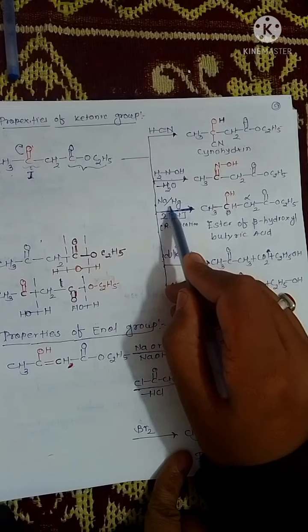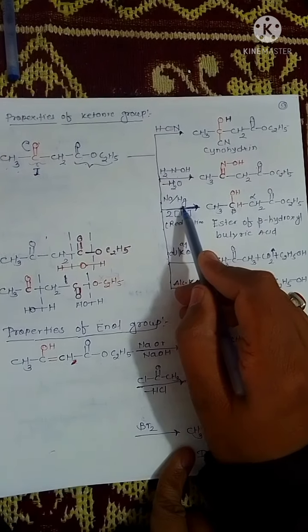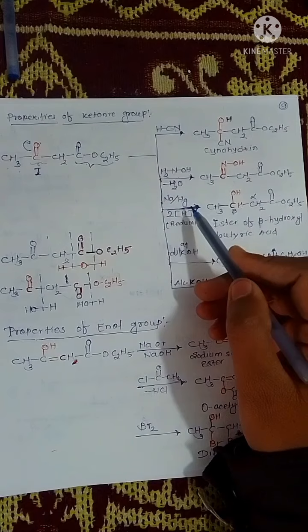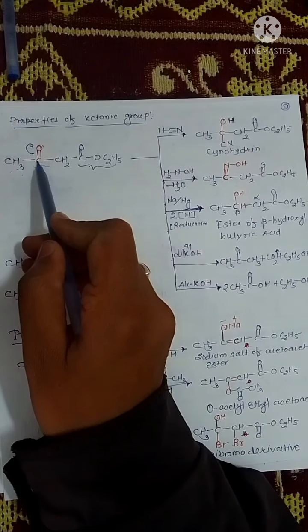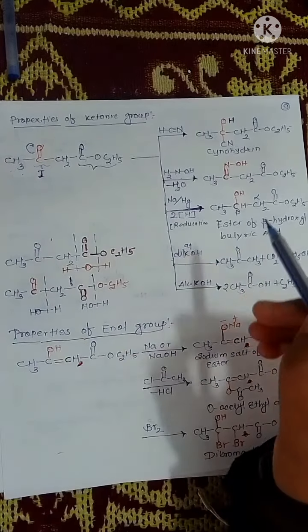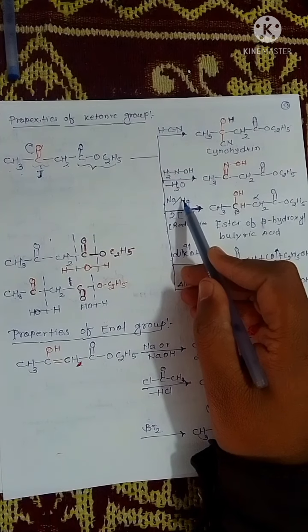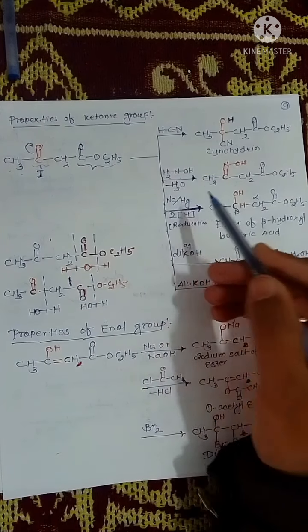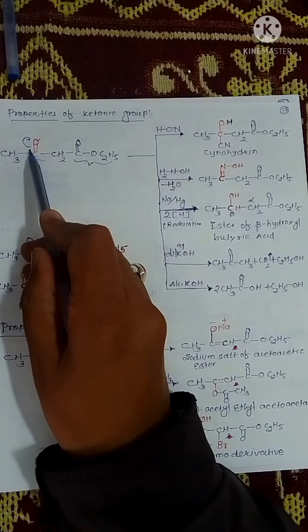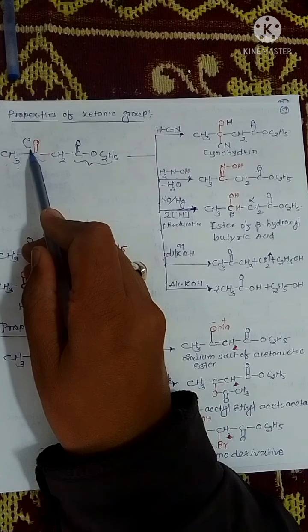Reduction can also be taken on this carbonyl group, that is the first carbonyl group. If we add a mild reagent just like sodium amalgam, then due to reduction of the keto group, a hydroxyl group can easily form.